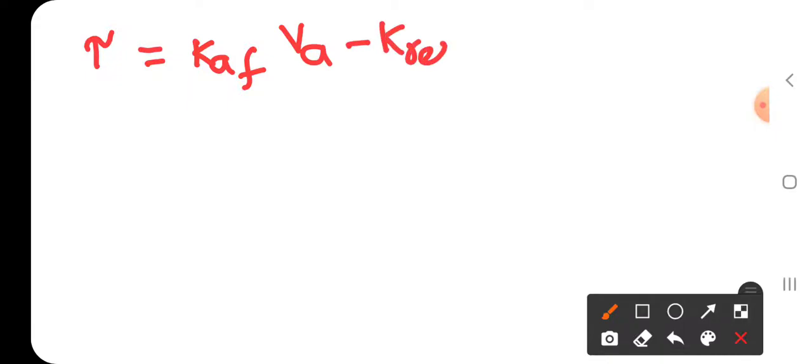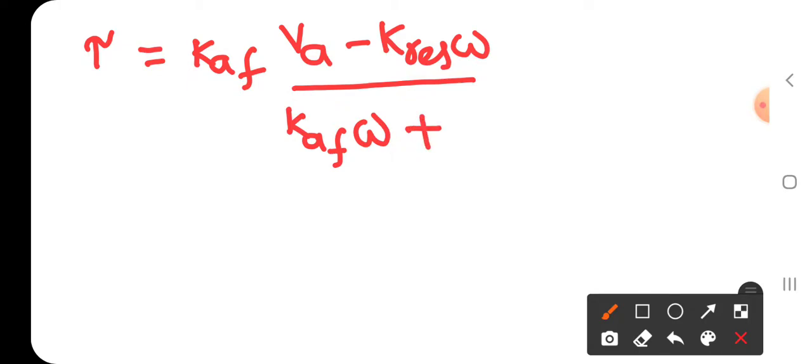Then torque tau is equal to K_AF into ((V_A minus K_RES into omega) divided by (K_AF omega plus R)) whole squared.